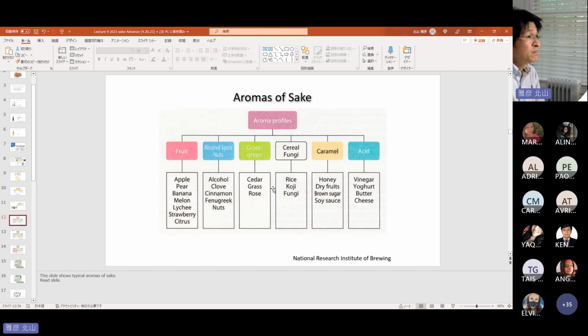Sake made by traditional technique has some impression of dairy milk, yogurt, butter, cheese. So traditional sake has more impression of these three. On the other hand, modern ginjo sake has more impression of these three.